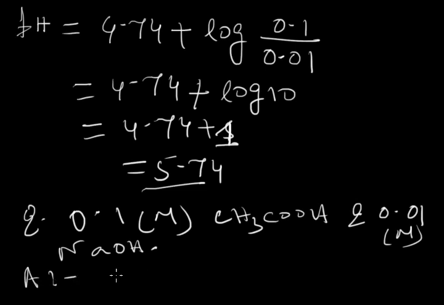The answer is yes, it is a buffer solution. Why is it a buffer solution? Because 0.1 molar acetic acid will easily neutralize 0.01 molar sodium hydroxide, and the remaining acid is 0.09 molar and 0.01 molar sodium acetate is formed. So the solution contains 0.09 molar acetic acid and 0.01 molar sodium acetate, which is a mixture of a weak acid and its salt, so it is a buffer solution.